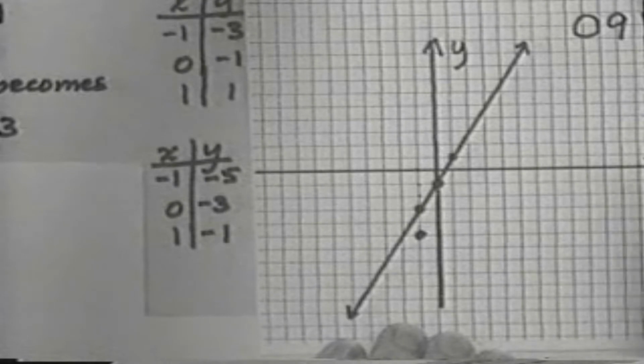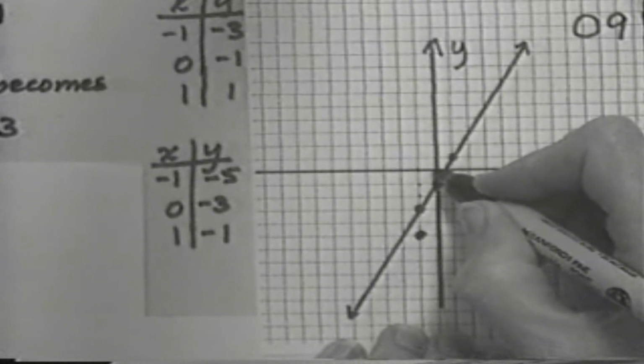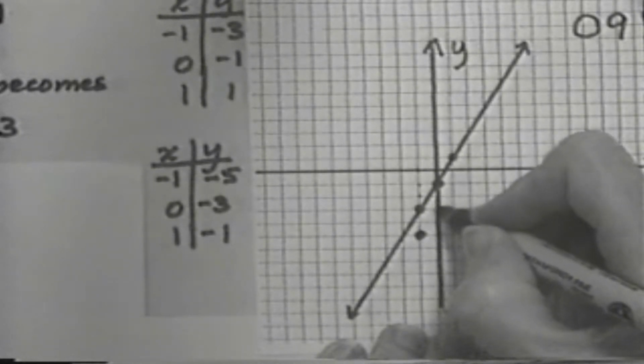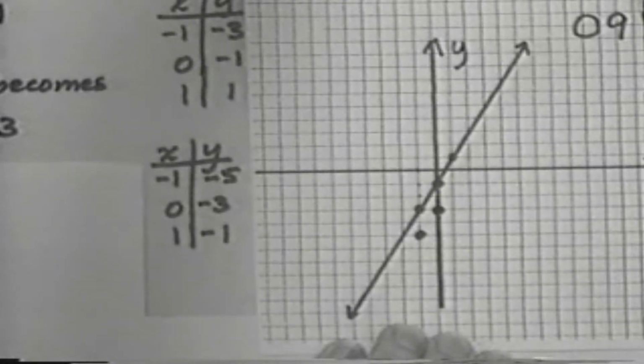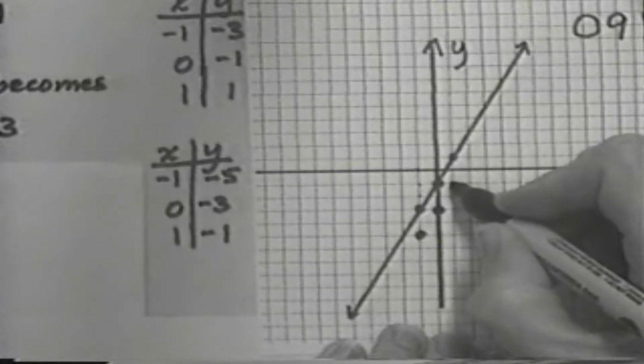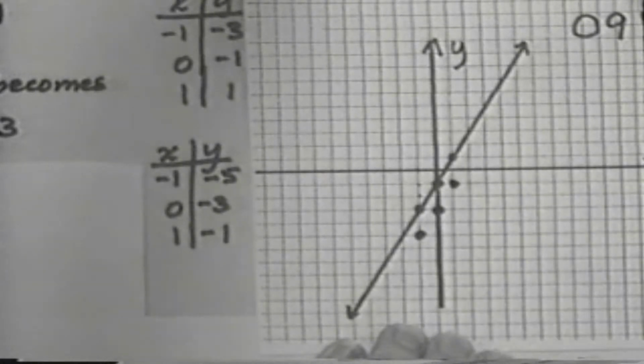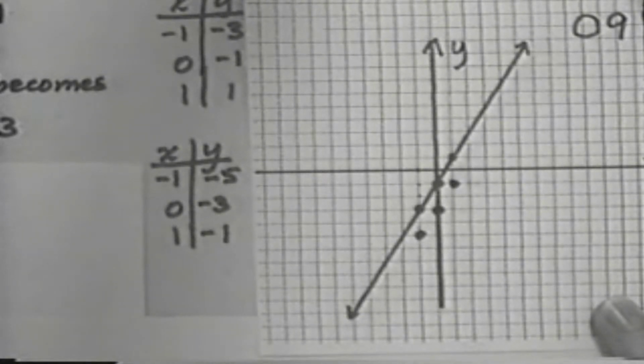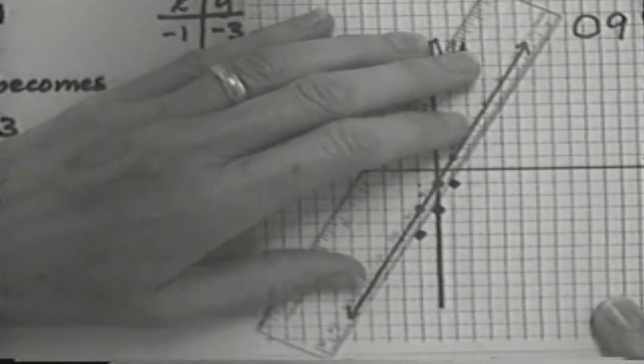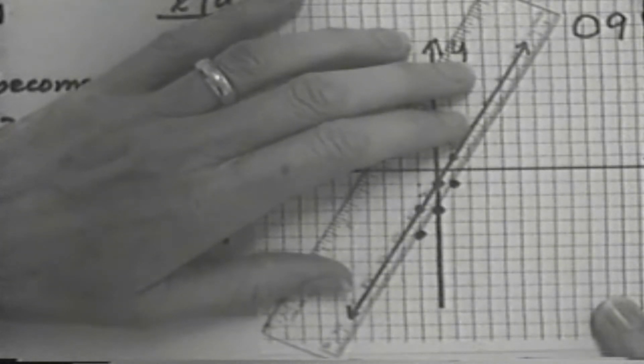Next we have 0, -3, which means none sideways, and then down 3: 1, 2, 3. Then 1, -1, which means we go to the right 1 and down 1. Here our 3 points are. We put the ruler down and draw the line.